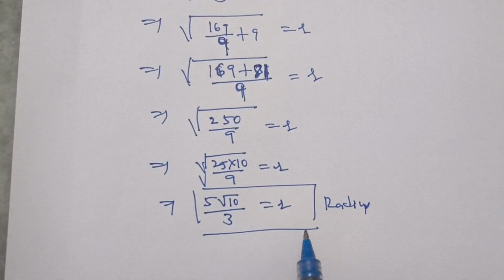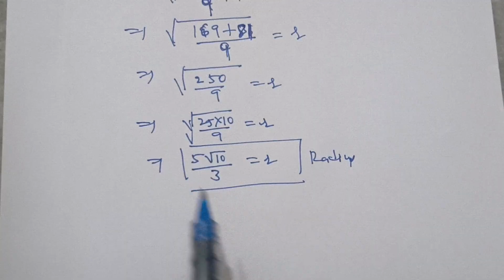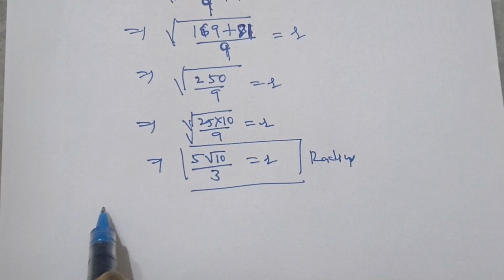This is the radius of the circle. Now we have the center of the circle and the radius of the circle. Now we can easily find the required circle equation.